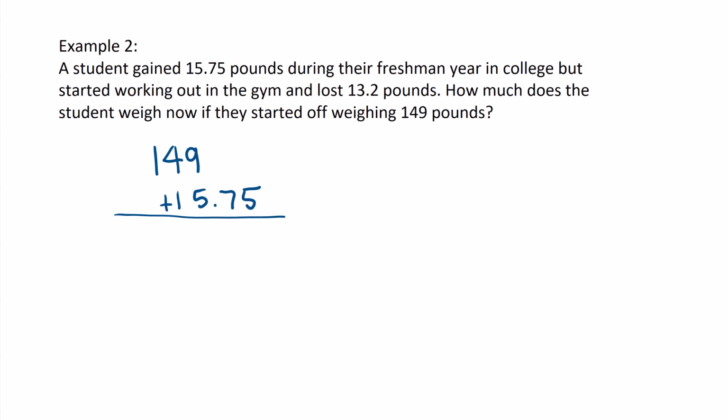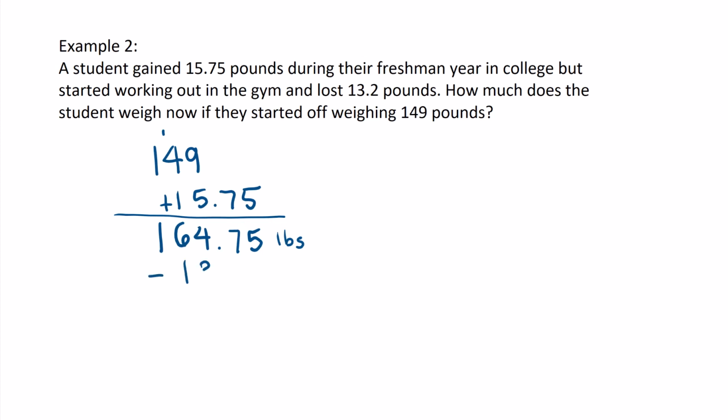So now we'd combine these, so we'd have 0.75, adding 5 and 9 together, we'd get 14, carry the 1, that would give me 6. So their weight after they gained 15.75 pounds is 164.75 pounds. But then they go to the gym and they lost 13.2 pounds.